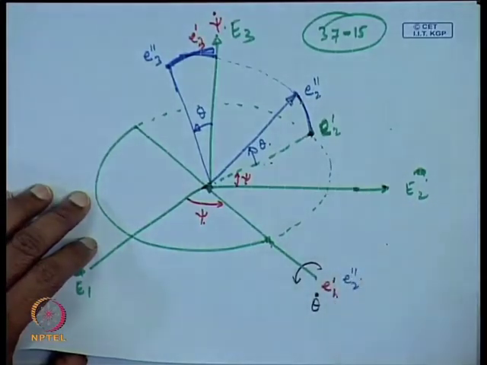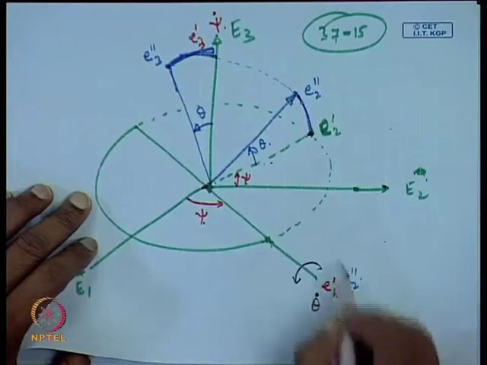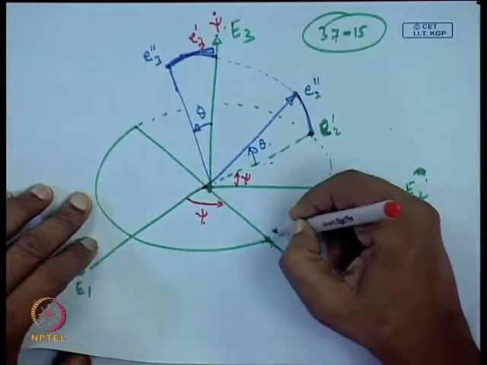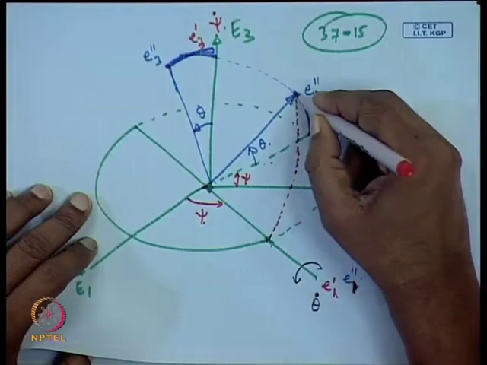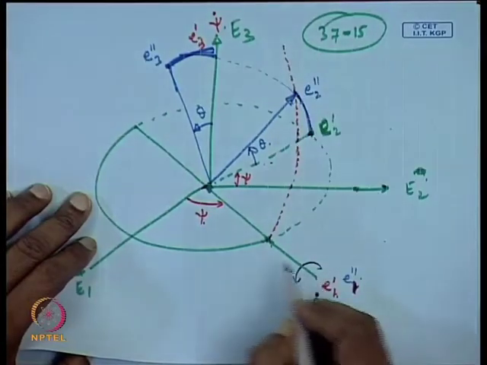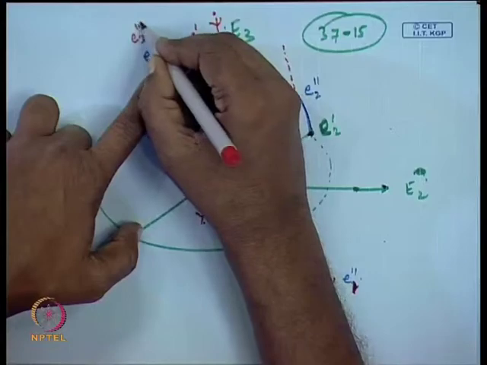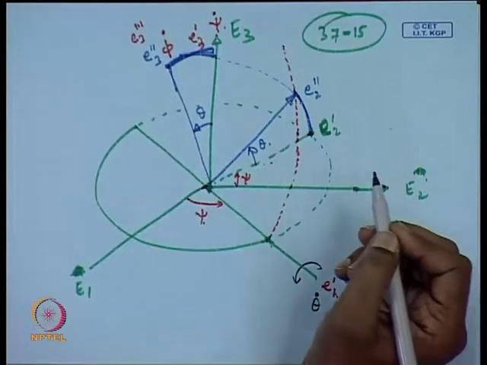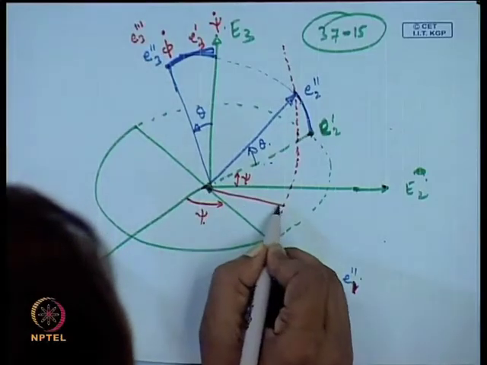Okay. Next rotation we can give, which will be contained in the E1 double prime, E2 double prime plane. Okay. And we will rotate about this x. So, E3 triple prime will remain here, and we are rotating about it, and this angle will rotate by phi, and we can show that this will move from this place to this place.